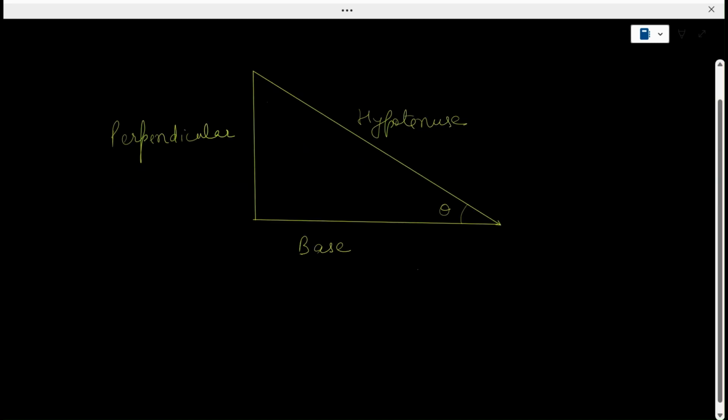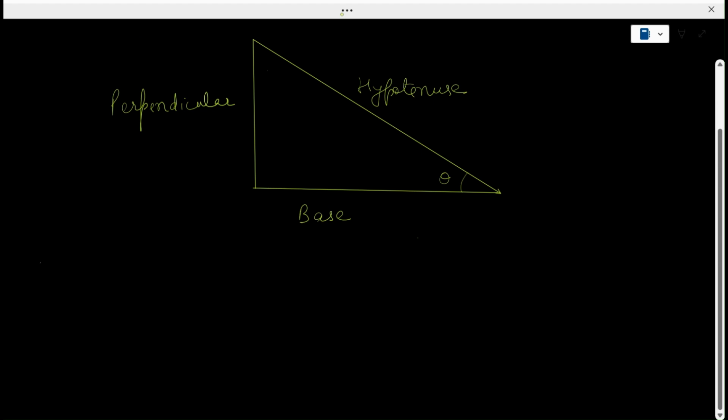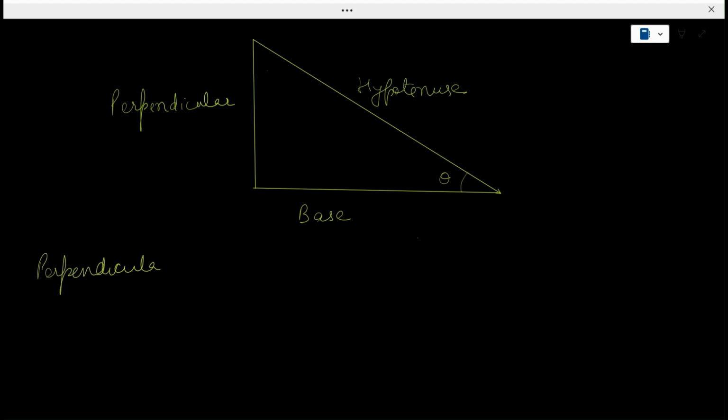Let us abbreviate perpendicular as P, base as B, and hypotenuse as H.